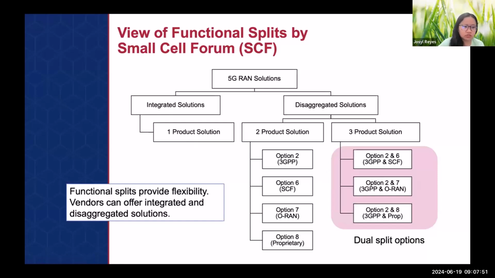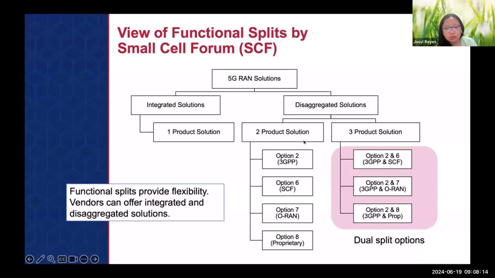They are all in the same product for the small cell node. And for the disaggregated solutions, there may be separated products, two-product or three-product solutions. For the two-product solution, it depends on the split option that is being used.